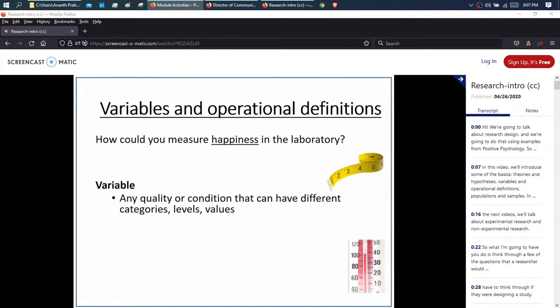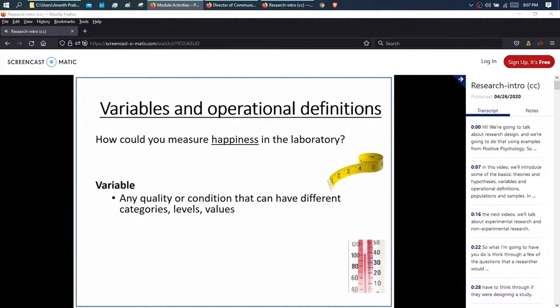So a variable is any quality or condition that can have different categories, levels, or values. So notice that the root of the word variable is vary. Variables vary. So for example, age is a variable. 23 is a score on that variable. Okay?